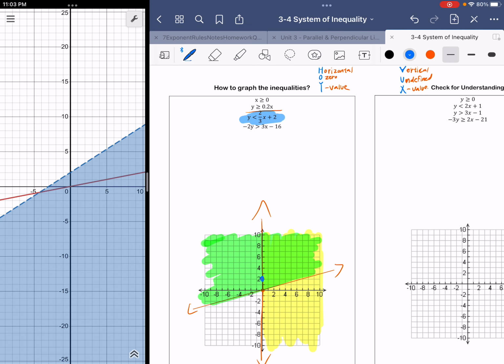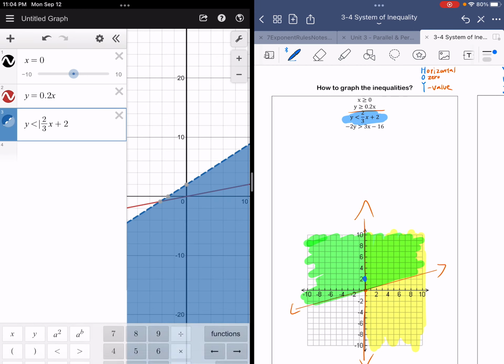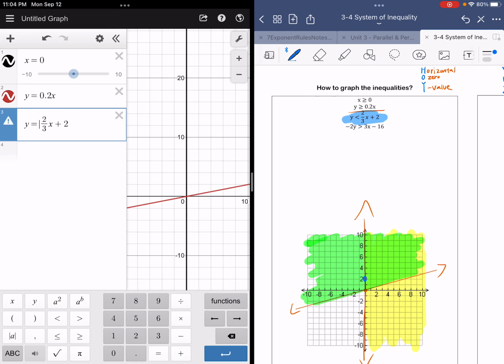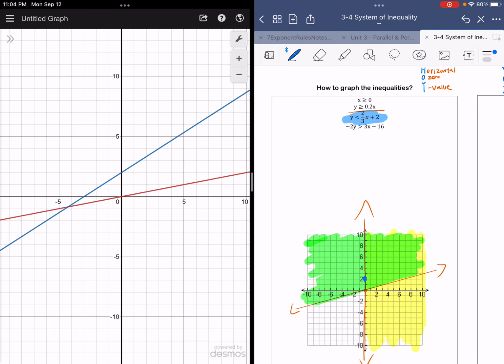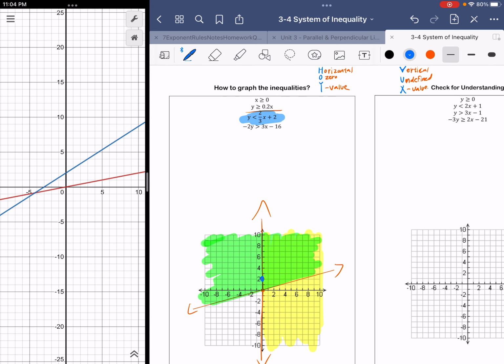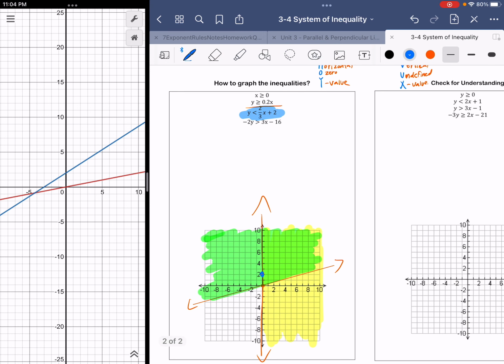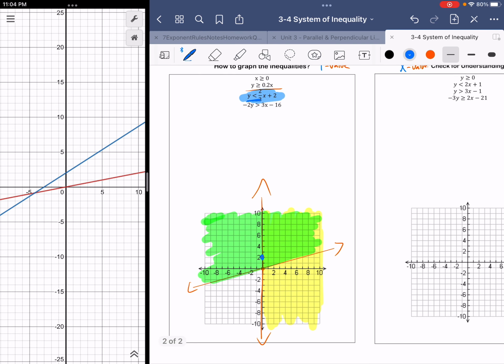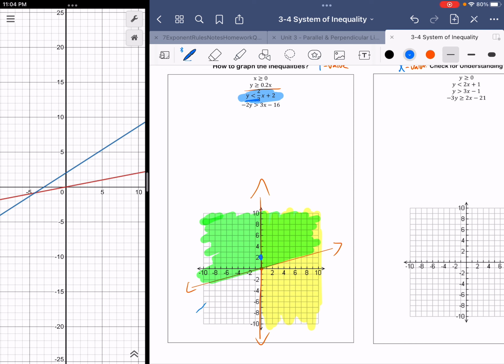Oh wait, why am I using an inequality? It should be an equal sign, right? So it's a positive graph, and it should be dashed because, as you can see, it does not have a line underneath it. So let's graph it. And since it is less than, you have to shade the bottom, so I'm going to shade the bottom.